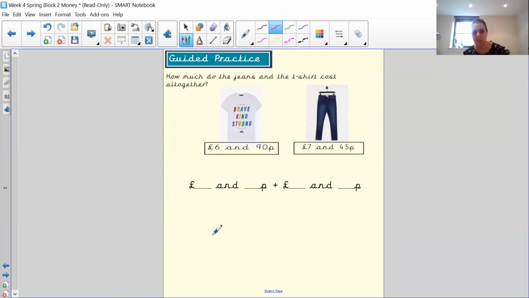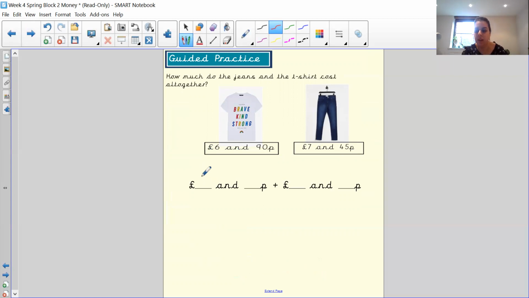Okay, have a look at the next one. How much do the jeans and the t-shirt cost all together? Now my t-shirt is £6 and 90 pence. And my jeans are £7 and 45 pence. So again, first thing we're going to do is we're going to write them down here.